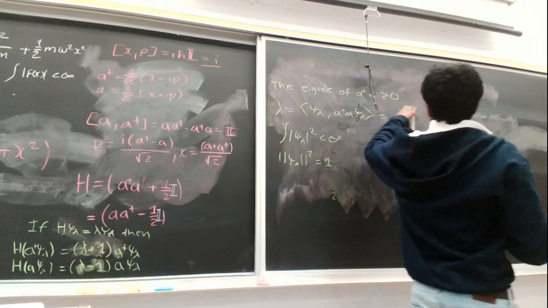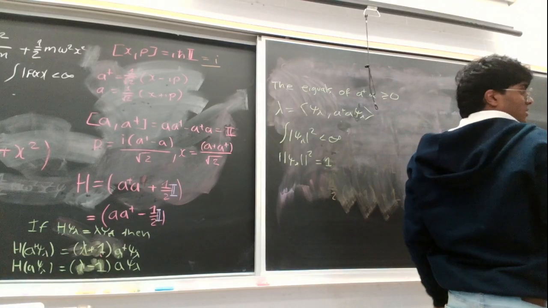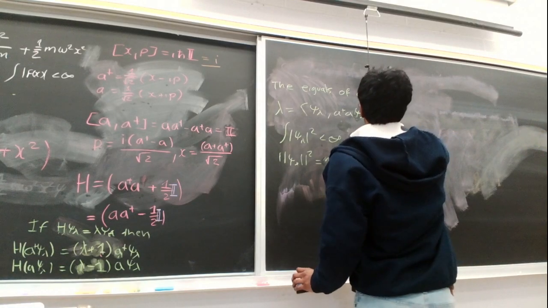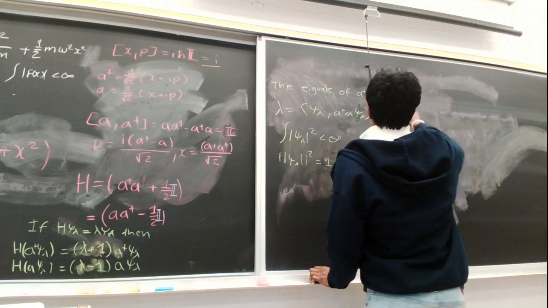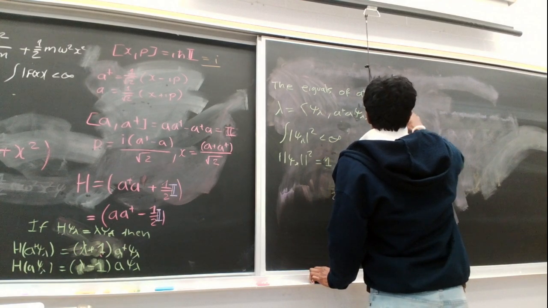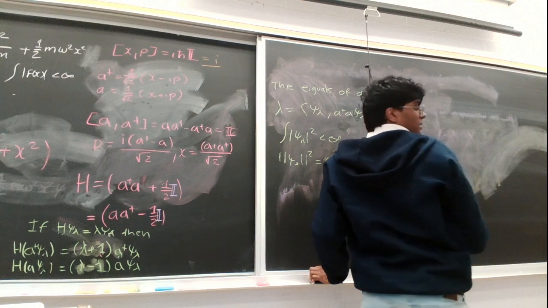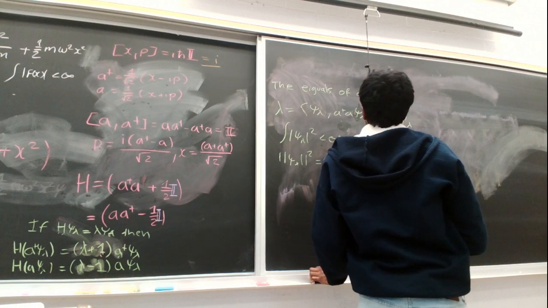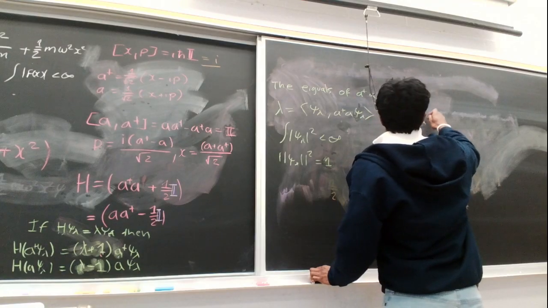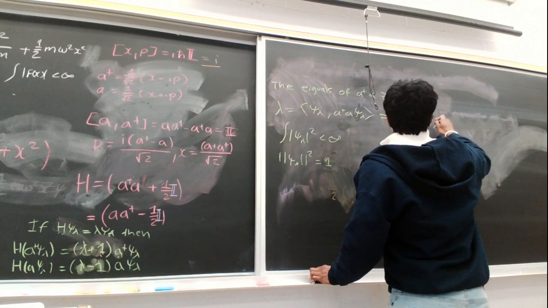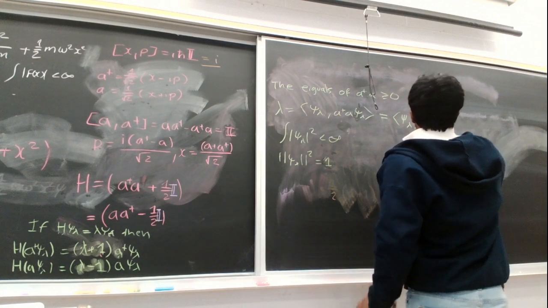Write down the inner product, open the bracket, psi lambda, psi lambda. But a dagger a applied to psi lambda is what? Lambda. Close bracket.